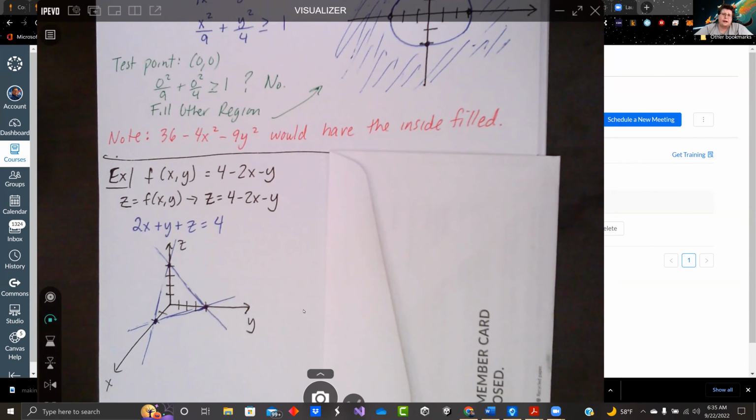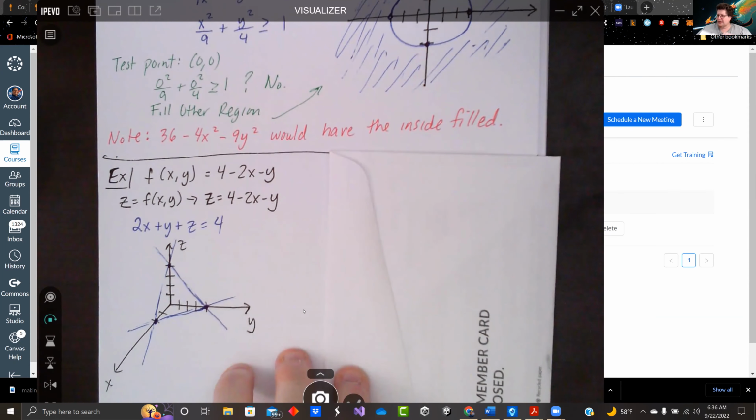And if we do that, we get 2x plus y plus z equals 4. That's just a plane with a normal of 2, 1, 1. I just plotted 3 points that are on the graph and drew the triangle, and you can see it going onward.